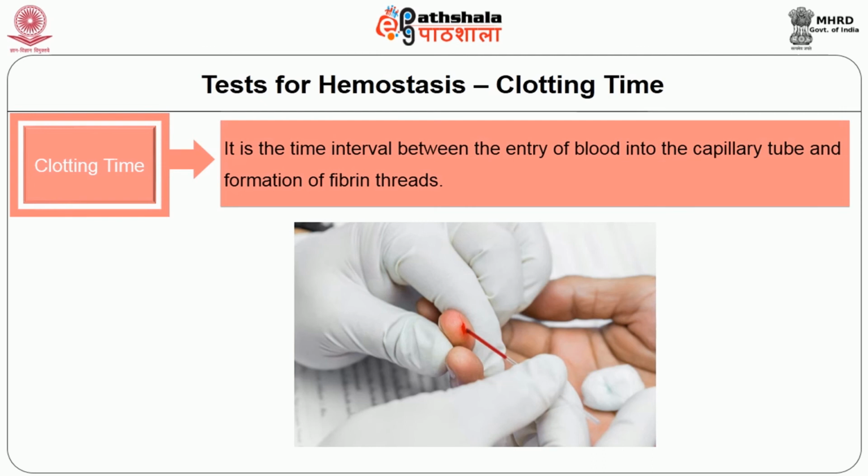After 2 minutes, you start snapping off small lengths of the tube every 15 seconds till a thin thread of fibrin has formed between the broken ends of the tube. Now, you stop the stopwatch and note the time.